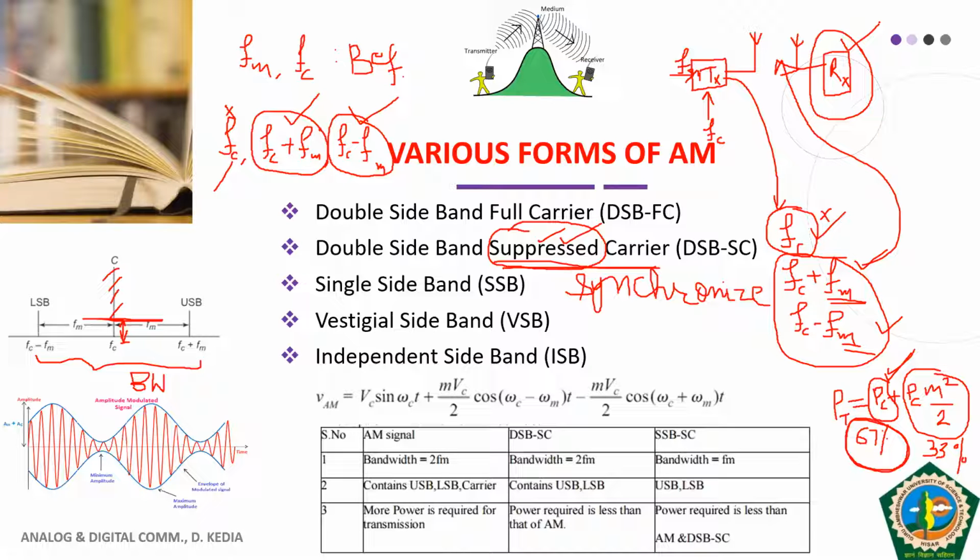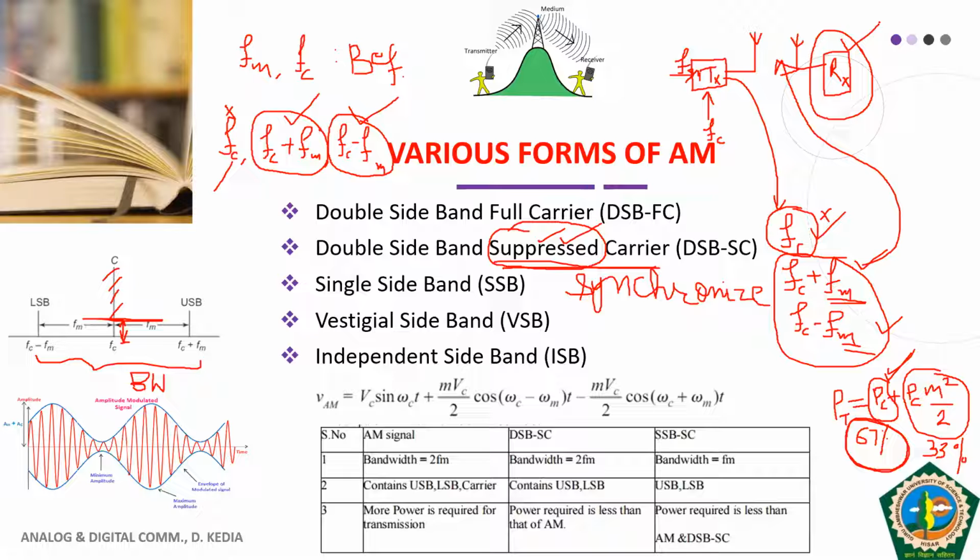So for synchronization purposes, we do not fully remove the carrier from the transmitter side. We send suppressed carrier instead of zero carrier. This suppressed carrier acts as a reference point that helps us in regenerating the carrier at the receiver side, and that regeneration is required to demodulate the signal.